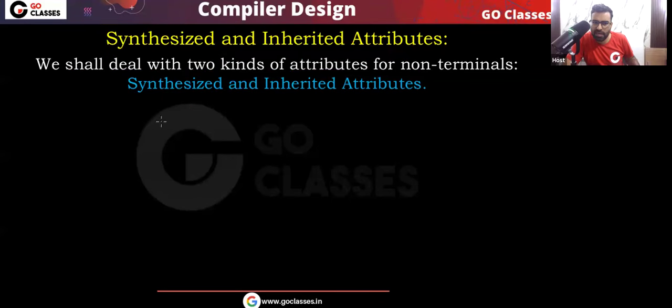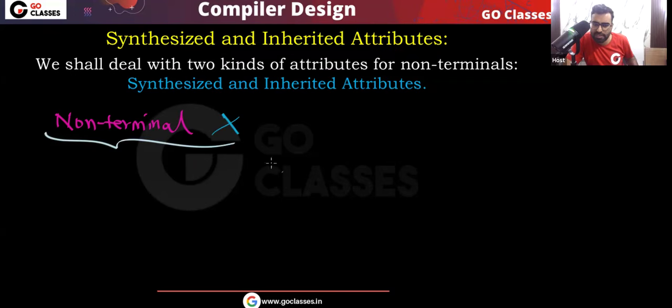If you have any non-terminal, let's assume we have a non-terminal X. Now, we already know that with this non-terminal X, a finite set of attributes is associated. Yes or no?